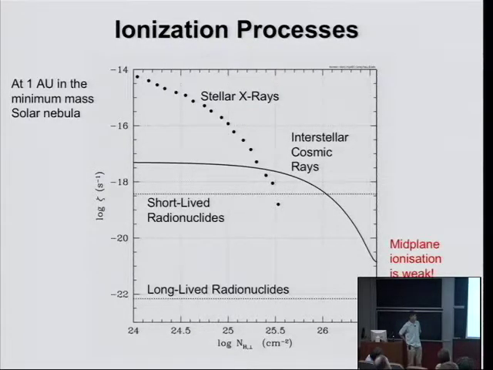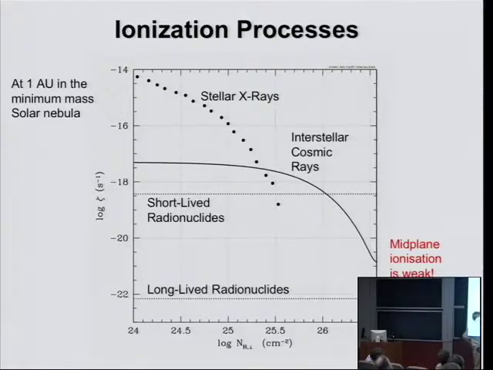And I'm going to be as optimistic as possible, so I'm going to include the stellar X-rays with actually a scaled-up ionization rate from Igea and Glassgold's paper to the typical value that's seen in more recent Chandra surveys. And that dominates by orders of magnitude out at relatively low columns in the top 10 grams per square centimeter or so. Then cosmic rays take over deeper into the disk, but then even those are strongly attenuated at 1 AU, where you have 1700 grams per square centimeter.